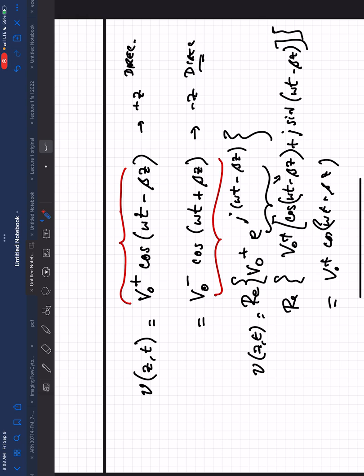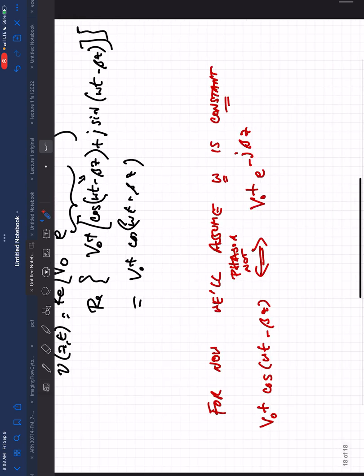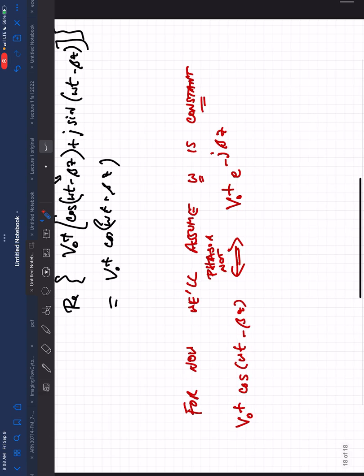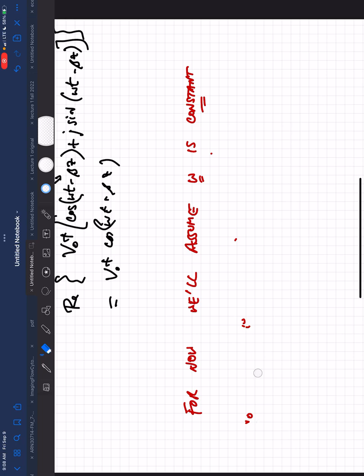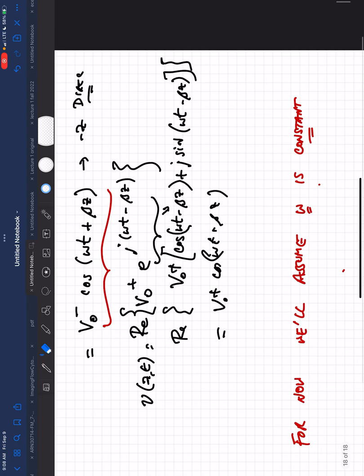Real meaning we're ignoring that imaginary j. Yeah, because again, for now, we're assuming omega is constant. So I'm going to say, hey, omega is constant, so I'm not going to keep writing omega. I'm just going to forget about it. So I'm going to take this omega part out of it.